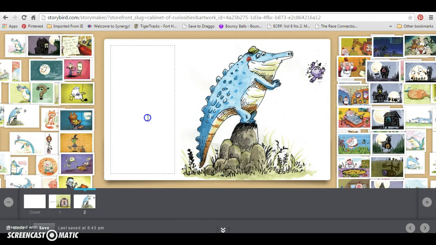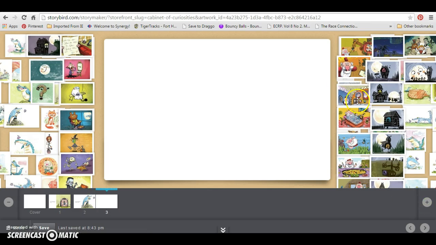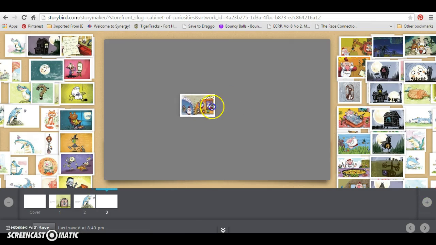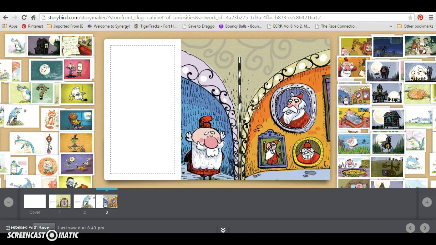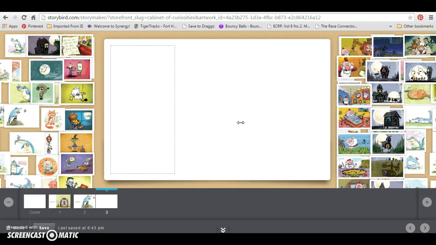Maybe he's the hedgehog's friend. So I'll just write about the hedgehog's friend, and then I can continue to add pages and format my book the way that I want to. So you can see how this would really help, and if I want to change it, I can do that.